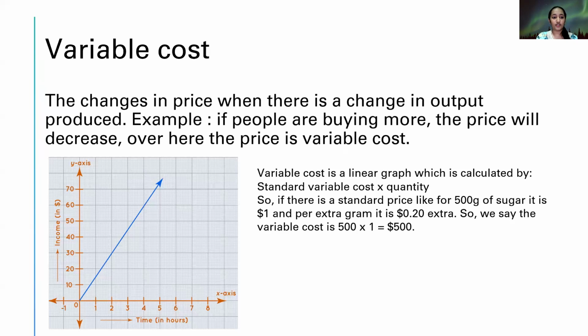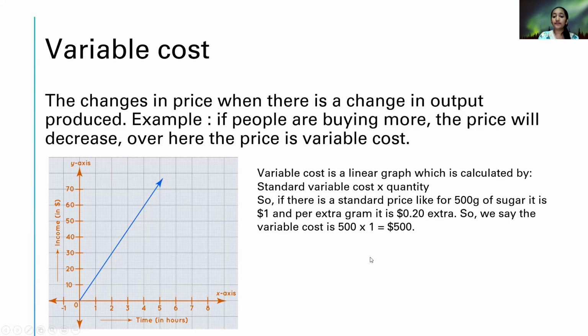Now variable cost. The change in price when there is a change in output produced. Example, if people are buying more, the price will decrease. Over here, the price is a variable cost. So variable cost is a linear graph which is calculated by standard variable cost into quantity. So standard variable cost means if there is a standard price for 500 grams of sugar is $1, and per extra gram there is $0.20 extra.